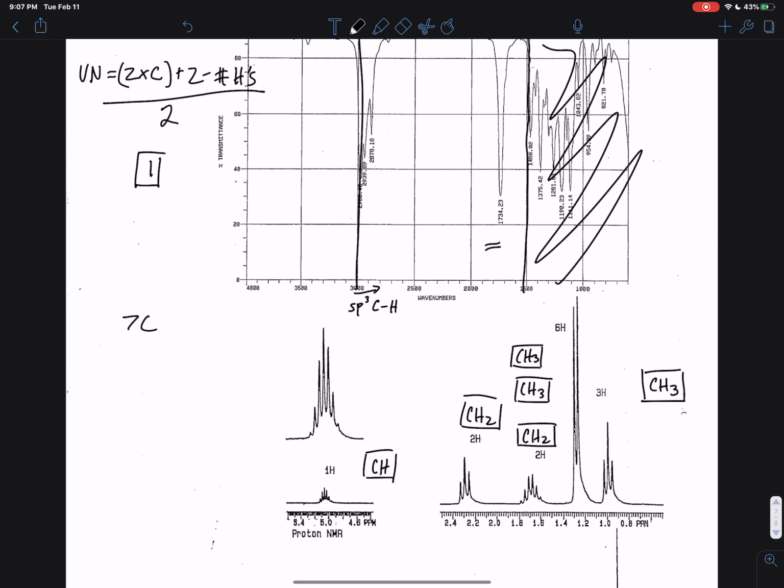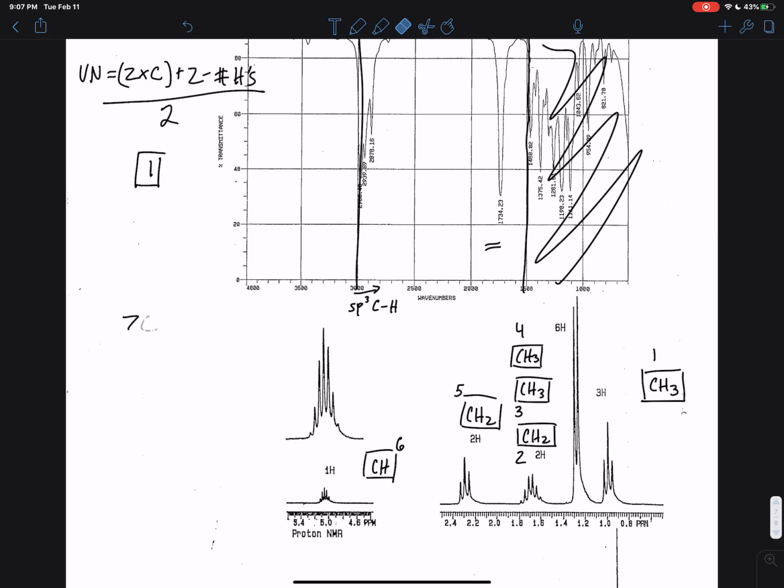So we have 1, 2, 3, 4, 5, 6. Uh-oh. What does that mean? For some reason, we're missing one. So if we're missing one, then that means that we must have a carbon that does not have a proton on it. And that's the reason why you're not seeing that proton signal in the proton NMR.